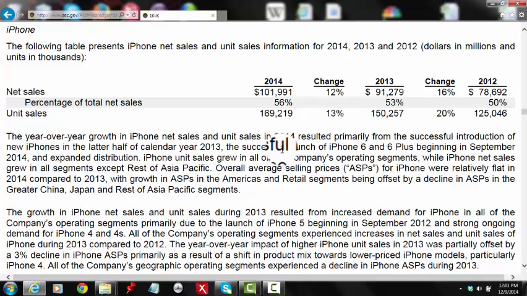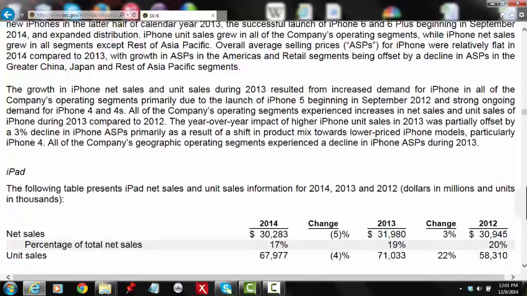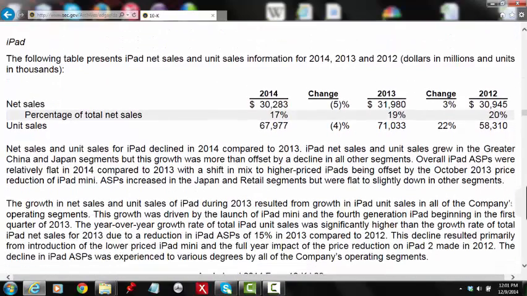Here they say the successful launch of iPhone 6 and 6 Plus beginning September, and expanded distribution. iPhone unit sales grew across all of the company's operating systems. So they're just giving basic reasons. Now, why iPad fell down.